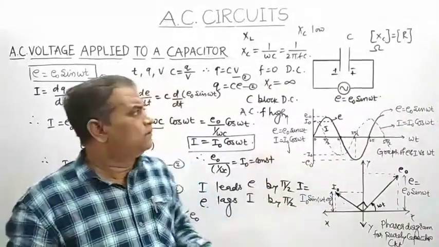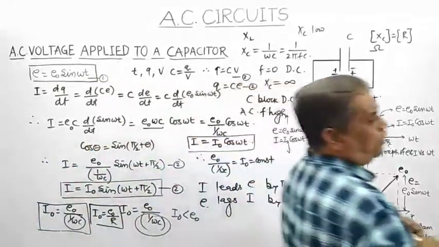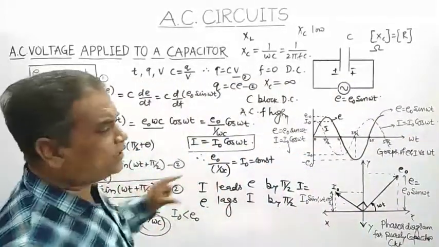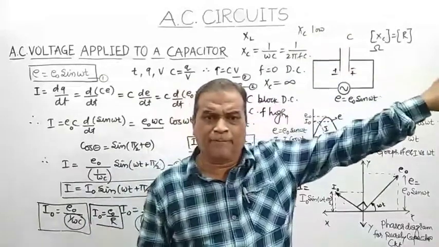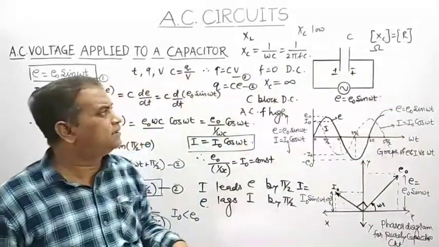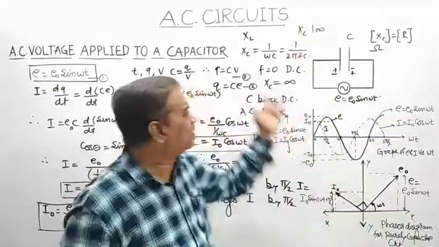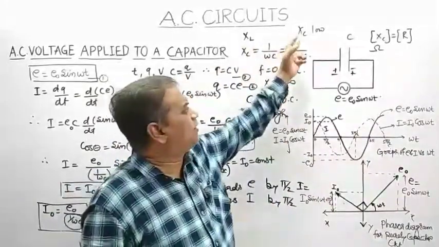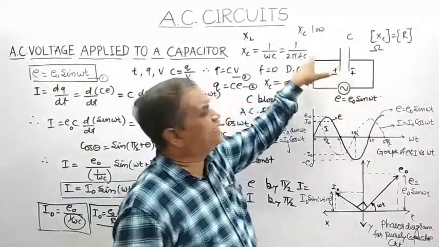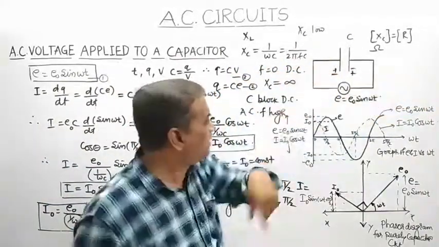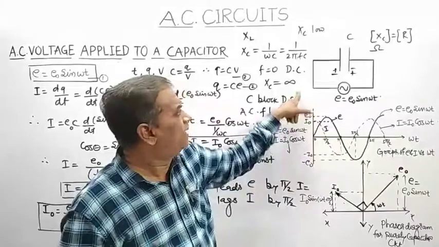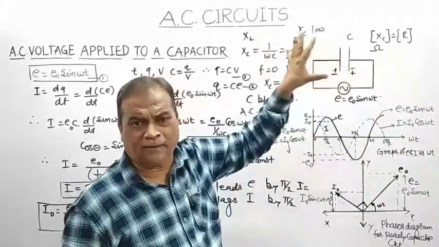So remember, if there comes a question for 1 mark to define capacitive reactance: the effective resistance offered by a capacitor to the flow of alternating current through it is called capacitive reactance. It is denoted by Xc and given by the formula Xc equal to 1 by omega C, which is equal to 1 upon 2 pi fC. It means capacitive reactance depends on the frequency of AC and the capacitor C. As frequency is 0 for DC, Xc is infinite for DC, so the capacitor will totally block DC.